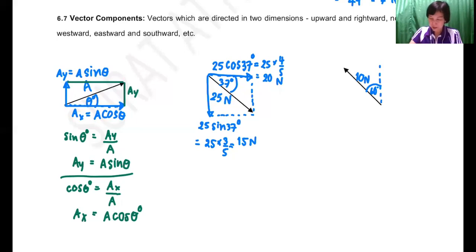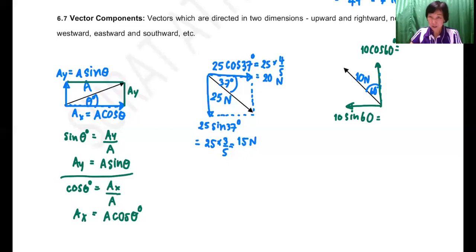The two components of this vector: one points to the north, and the second must point to the west. Because this component is close to the angle, it equals 10 times cos 60, and this one is 10 times sine 60.